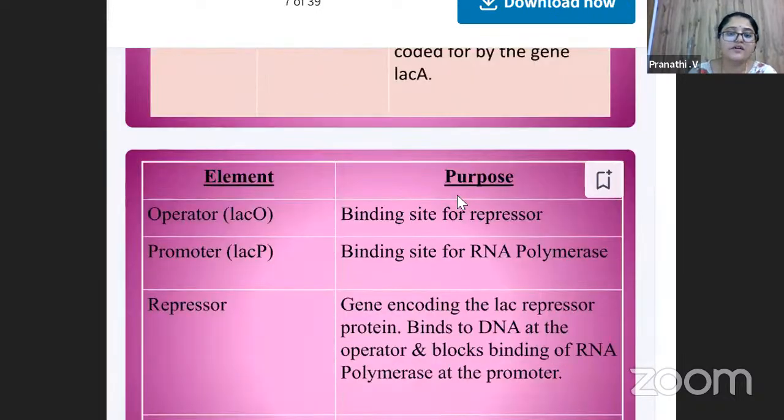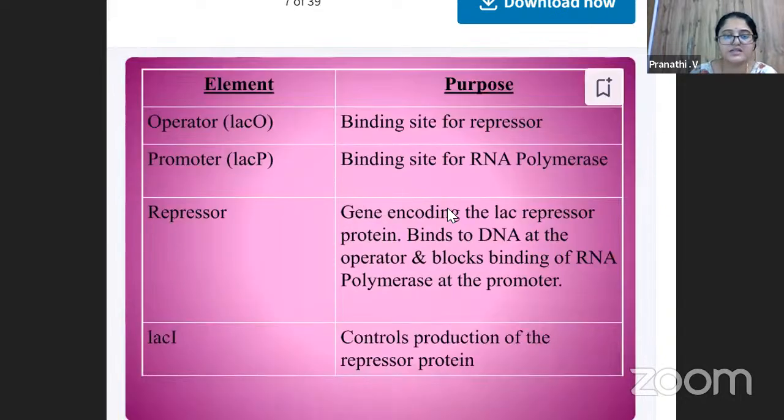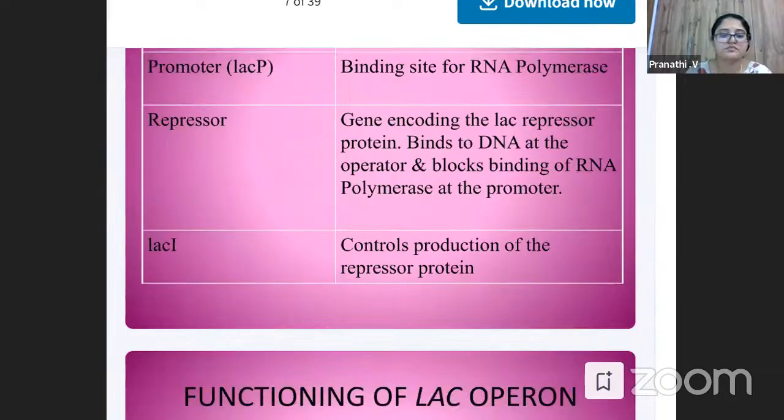Then you have an operator site, a promoter site, a repressor, and an inducer. The operator site is where the repressor protein binds and stops protein synthesis. The promoter is where RNA polymerase binds. When the repressor is bound to the operator, it stops the RNA polymerase from going forward, so transcription will not take place.